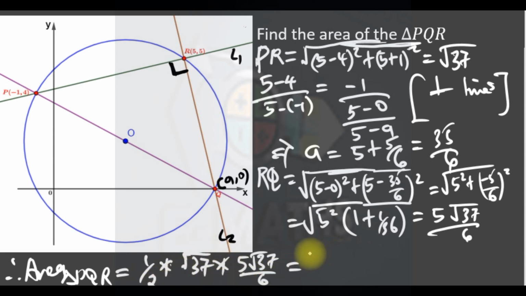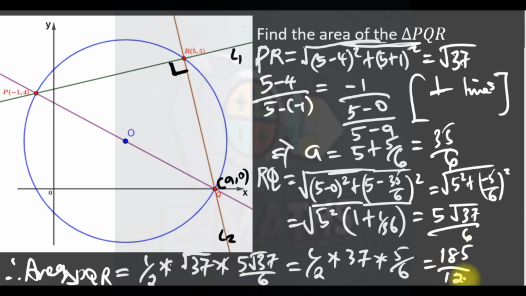That is half, root 37 times root 37 is 37, times 5 over 6. So this is 37 times 5 over 12, which is 185 over 12 square units. So that's our area, 185 over 12.